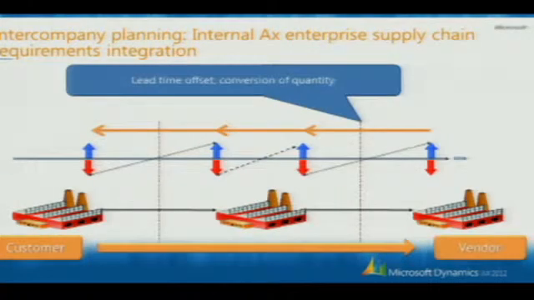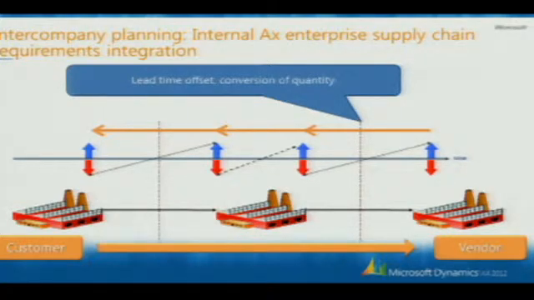What happens actually is that, let's say this is your sales subsidiary in France. The sales subsidiary will do a demand forecast, and they will run their internal planning, and they will get planned purchase orders, and the planned purchase orders will probably be for either a distribution entity or a production plant somewhere.